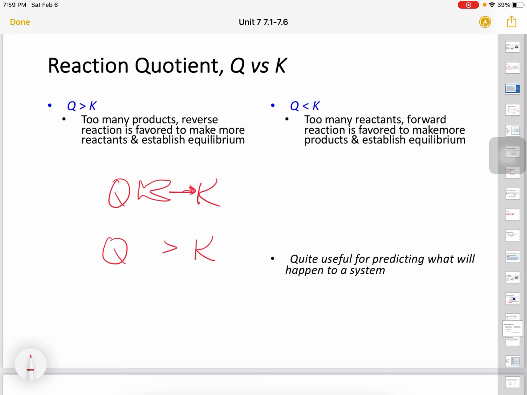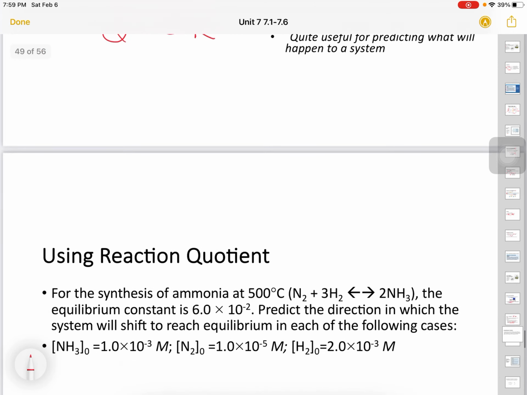Yum, yum, yum, yum, yum. My forward reaction will be the favored process in order to establish equilibrium. And if Q is greater than K, my reverse reaction will be the favored process in order to reestablish equilibrium. So again, my primitive button pushing brain, that's what I think of.